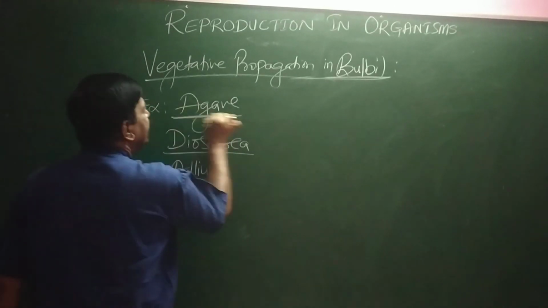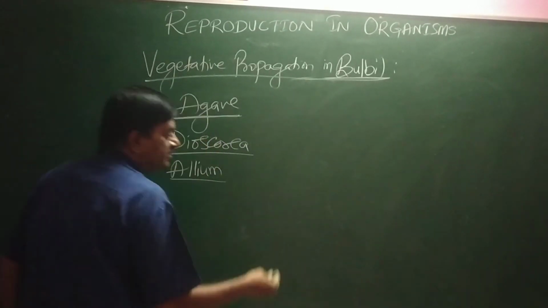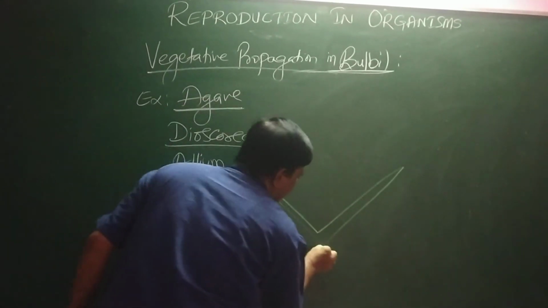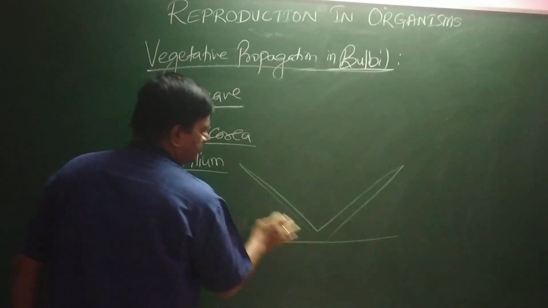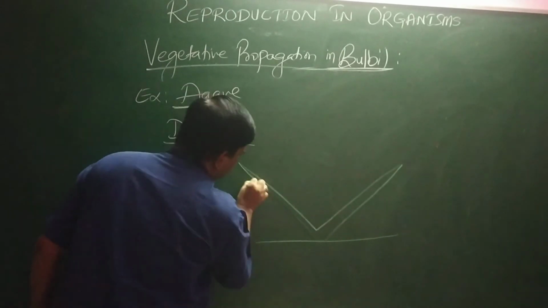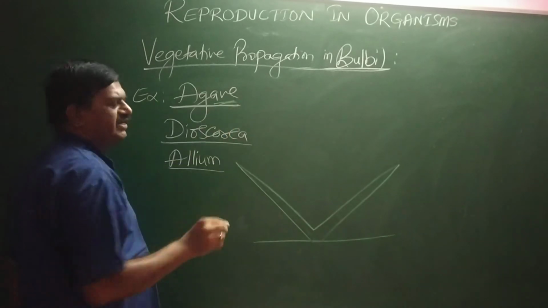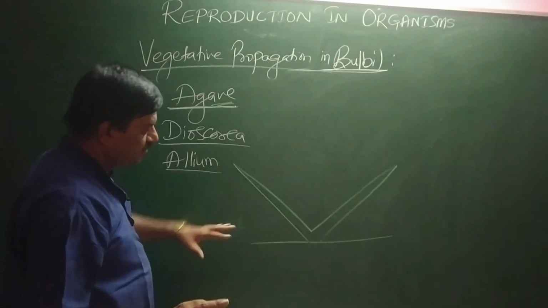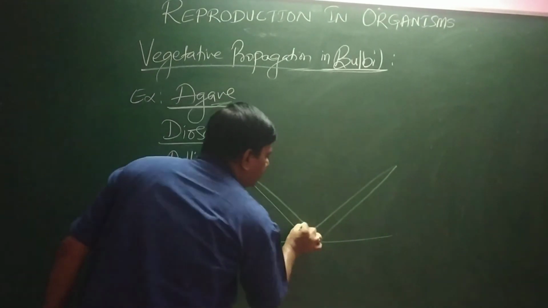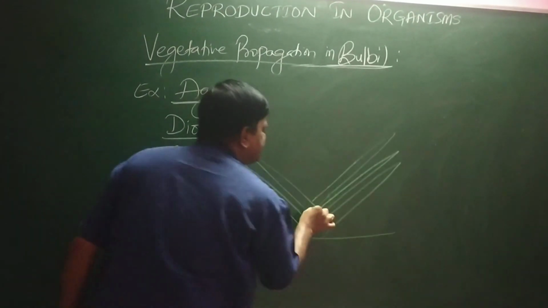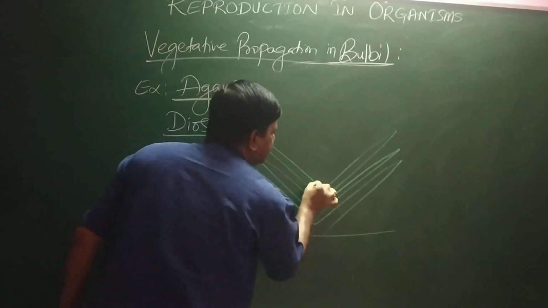But here, we see the agave plant body is elongated. The agave plant looks more or less like aloe vera, but it is bigger in size. Here there are elongated leaves which have a spine at the tip.